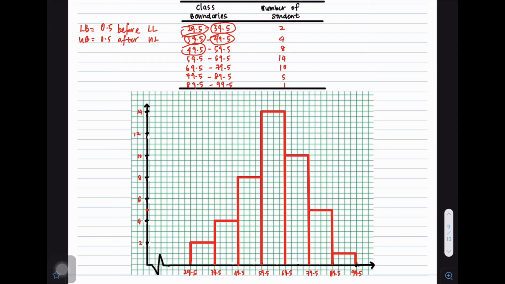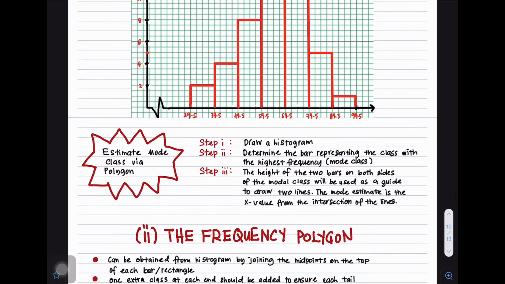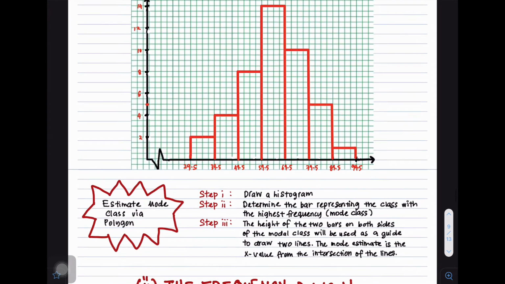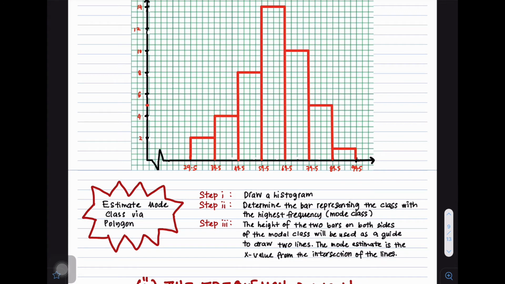Okay, so this is our histogram. Okay, so histogram needs two pieces of information, which is the class boundaries and also the frequency of each class. Okay, from histogram we actually can estimate the modal class. What is the modal class? Mode class. So mode ni adalah kelas yang mempunyai frekuensi yang paling tinggi.